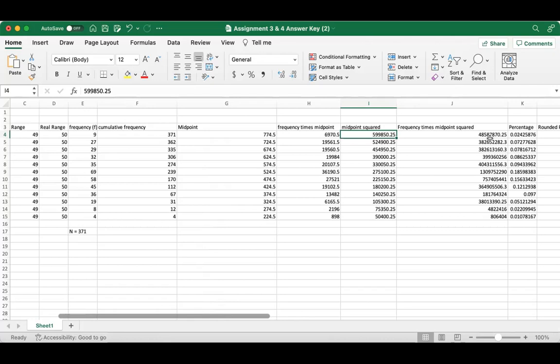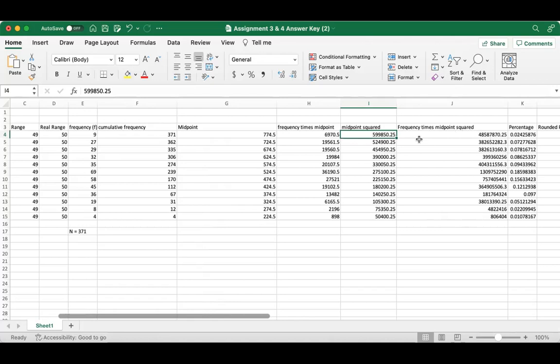So midpoint squared, we have our midpoint. So that would be G2 to the second power like that. It's shift 6 to the second power. And there's your number. That's right.